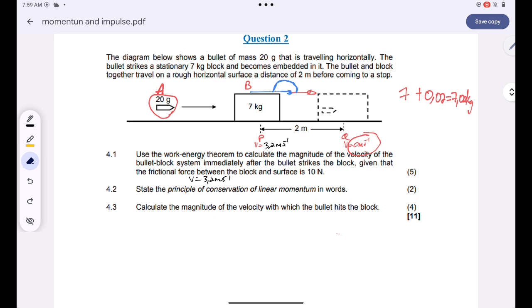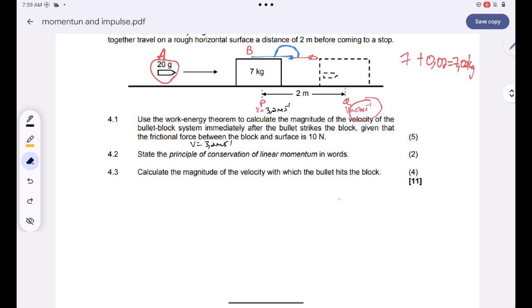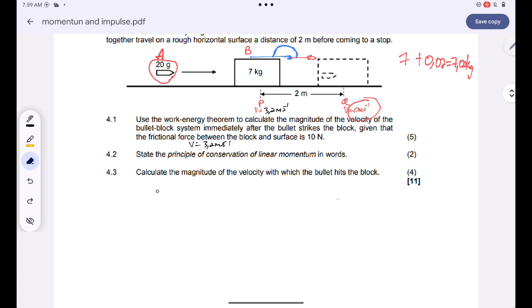So it's an isolated system altogether. So since we have an isolated system, I can simply conclude that momentum is conserved by saying the sum of the momenta initially is equal to the sum of the momenta after collision. And by definition, momentum is the product of mass and velocity.